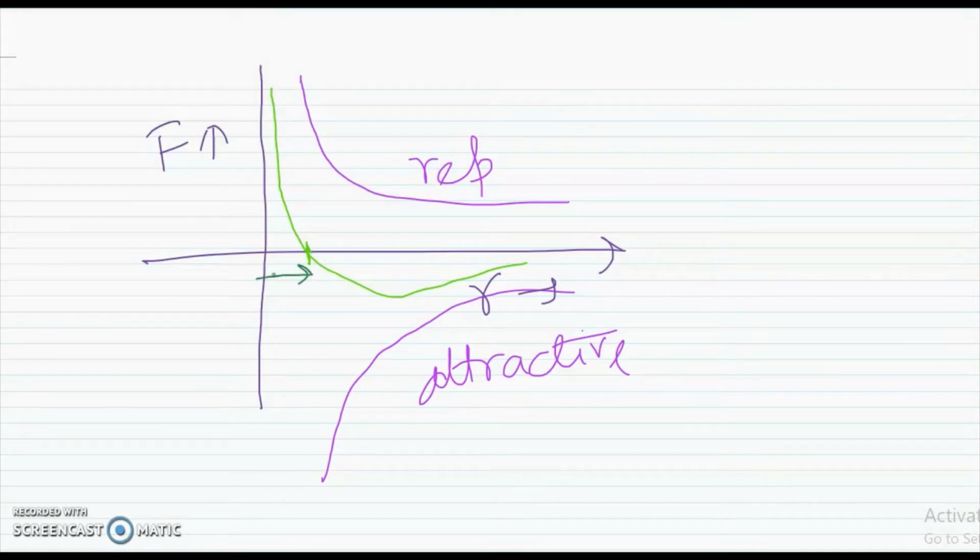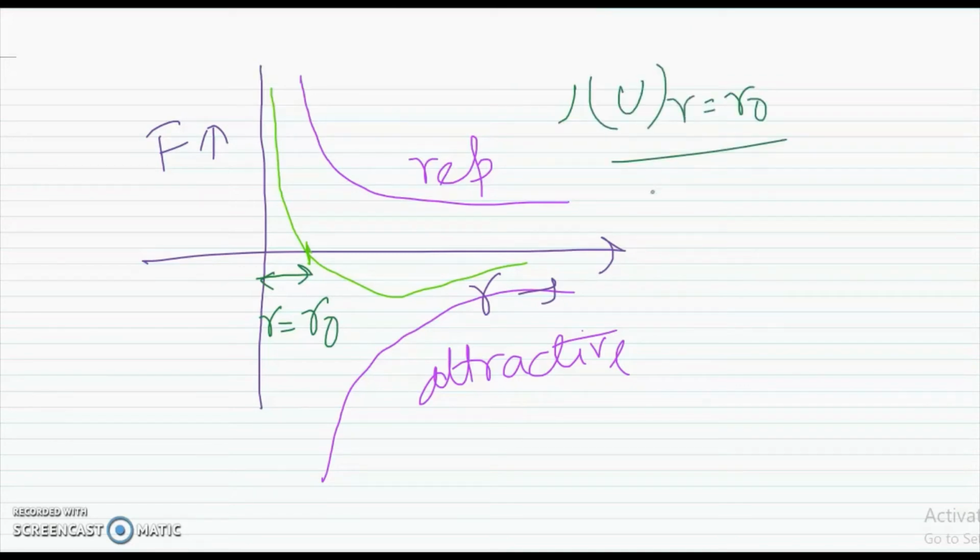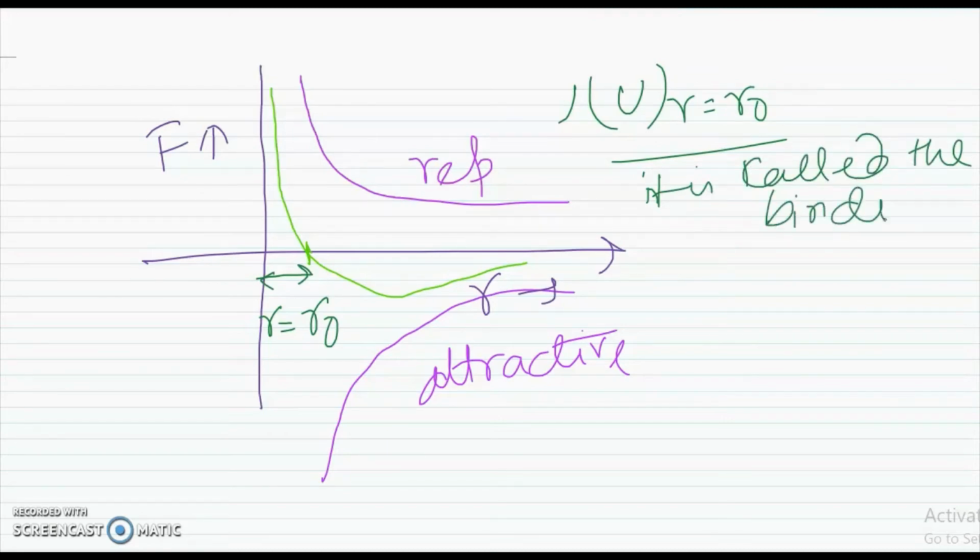This is the distance at R is equal to R0. So you can see at R equal to R0 the potential energy is minimum, and the value of U at R equal to R0 is called the binding energy of the atoms.